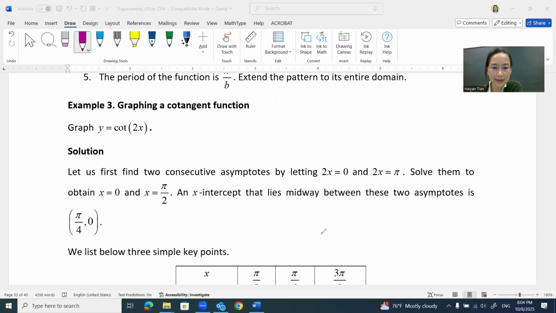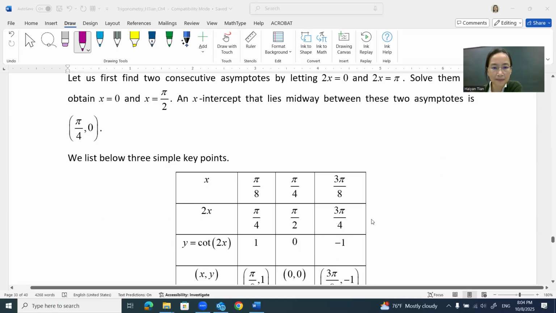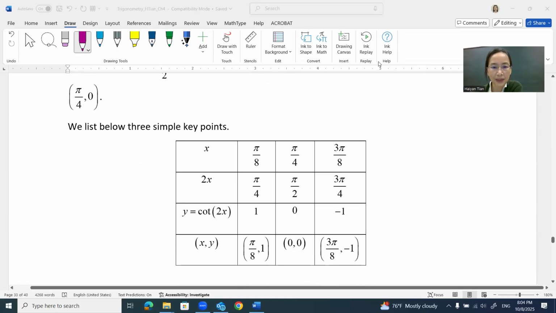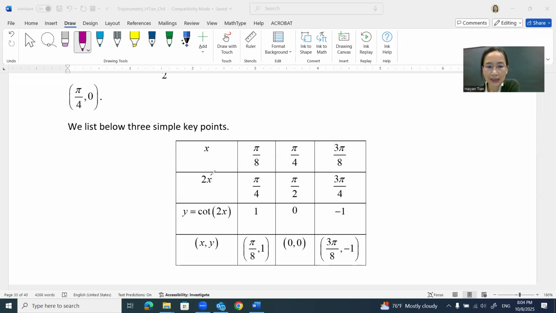In order to graph cotangent 2x, consider our technique. Remember the 2x, we treat it as t, and we know cotangent of t is undefined where? Let's consider only one period.